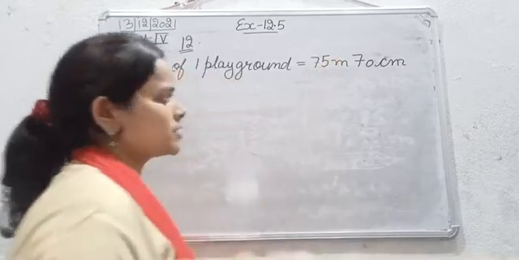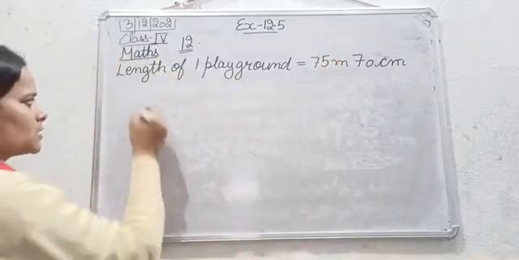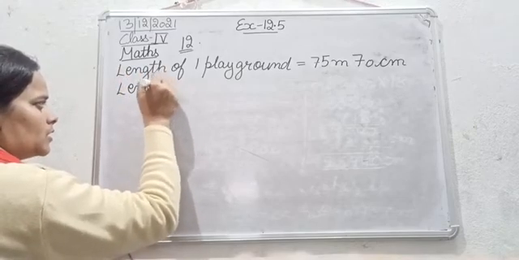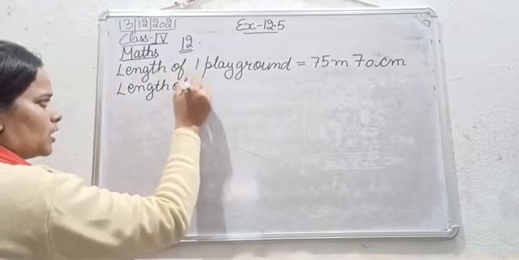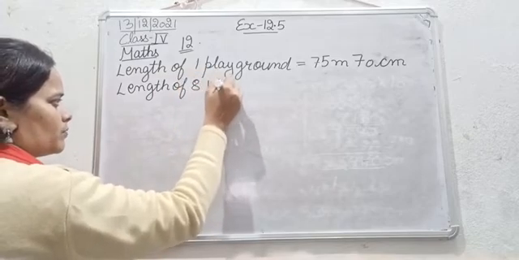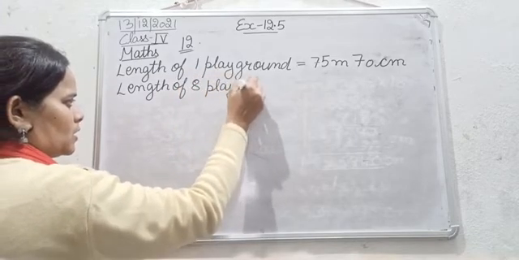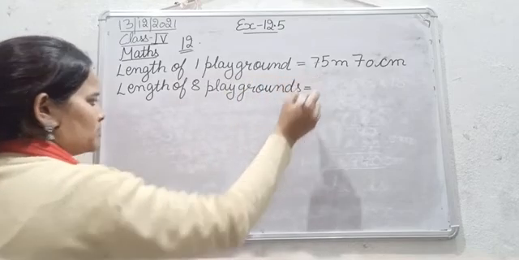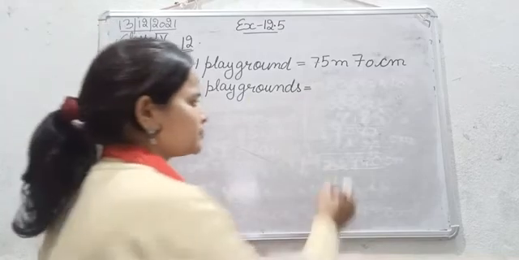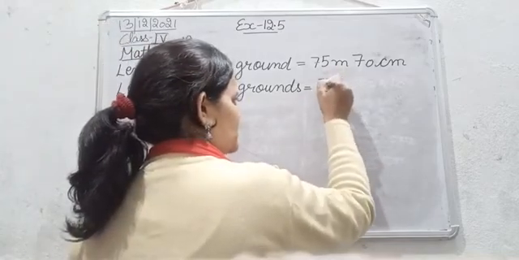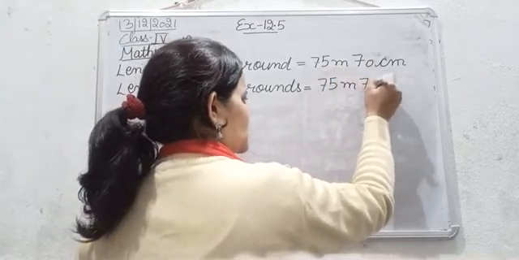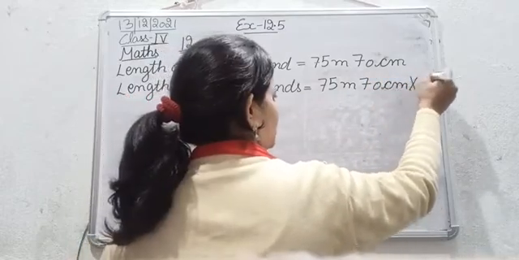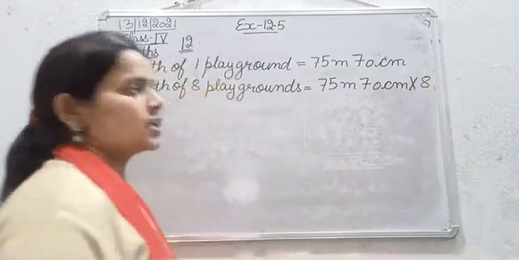Length of 8 playgrounds is what we need to find out. So this is 75 meter 70 centimeter into 8.